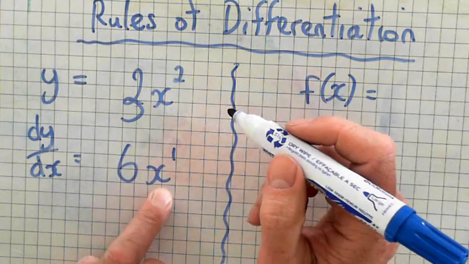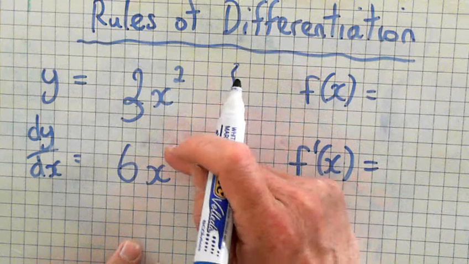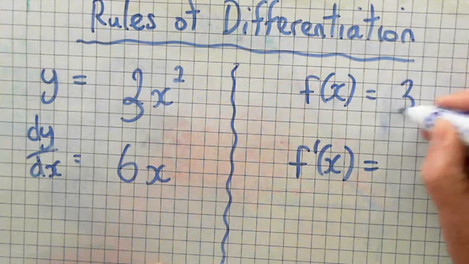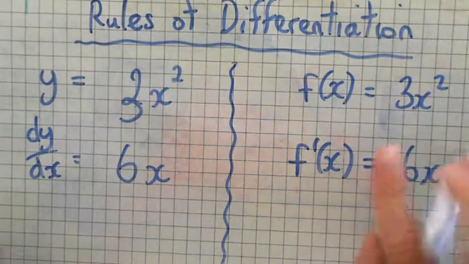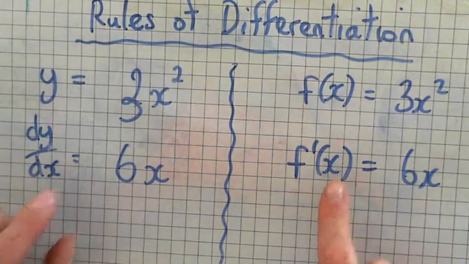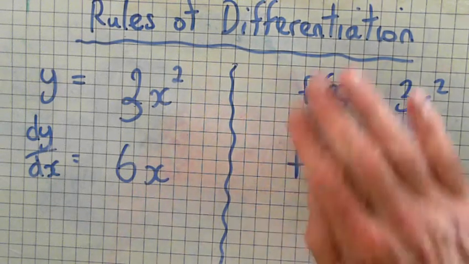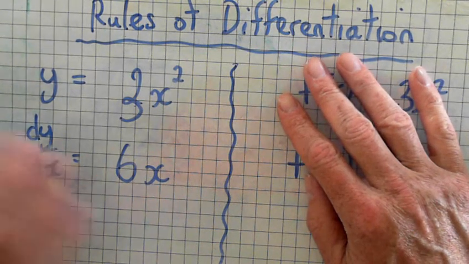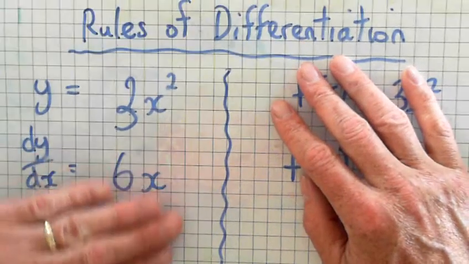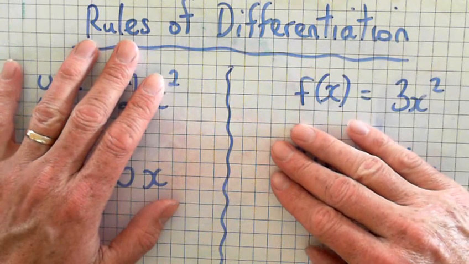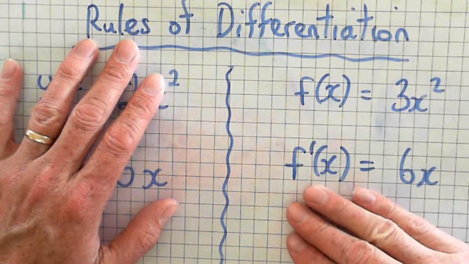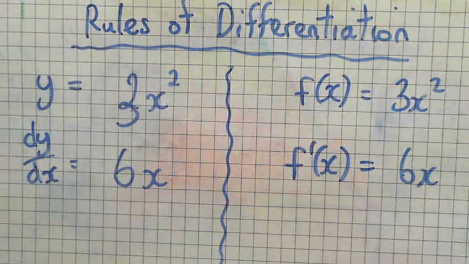But you can write 6x to the power 1 as 6x. I've written it twice to show you there are two ways of writing it out. Some sums can be given to you like that, and that's how you have to give your answer, or the sum can be given to you like that, and this is the way that you write your answer.